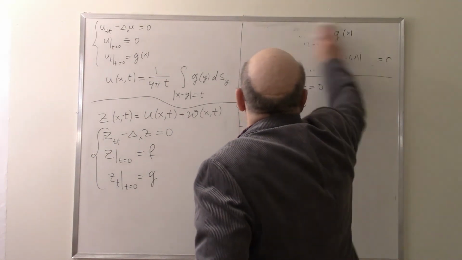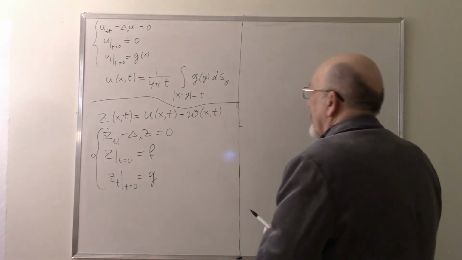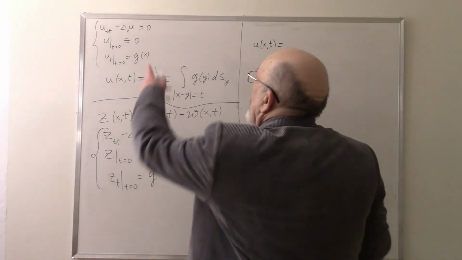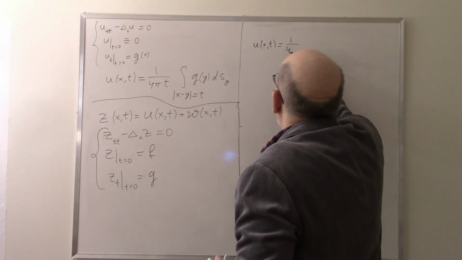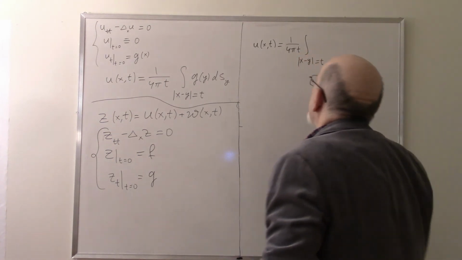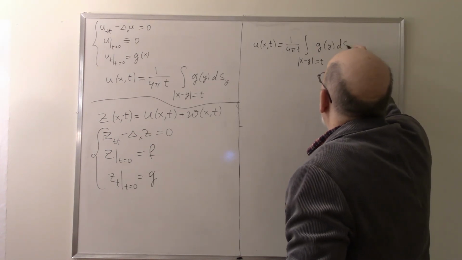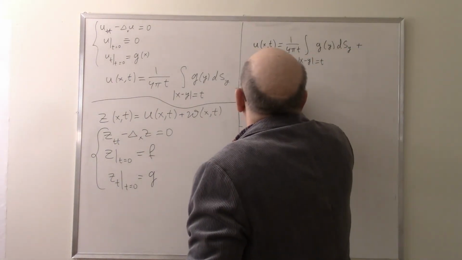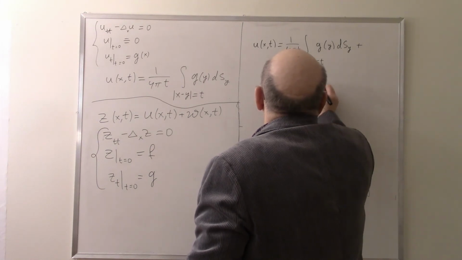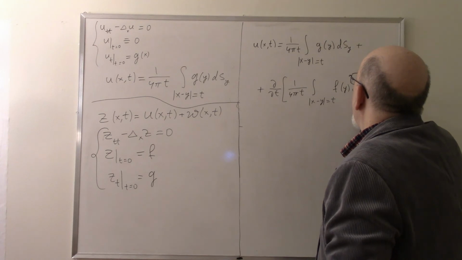So let me now write the full solution. U of x, t equals the solution of this problem, 1 over 4 pi t integral over |x minus y| equals t of g of y dS_y plus d/dt of 1 over 4 pi t integral over |x minus y| equals t of f of y dS_y.